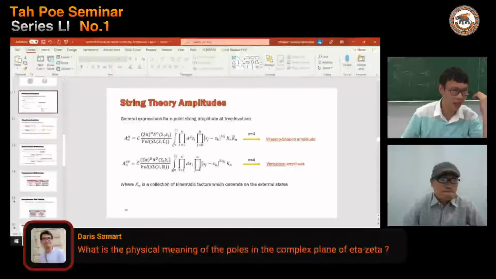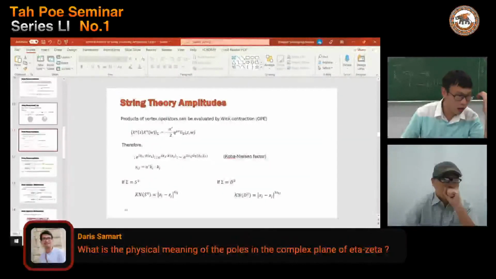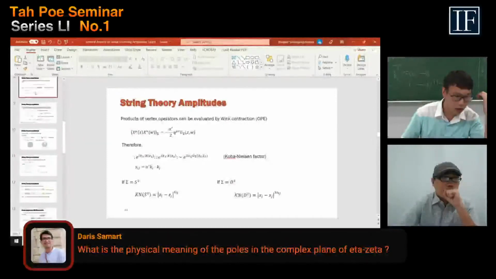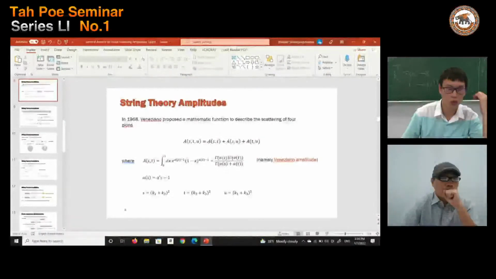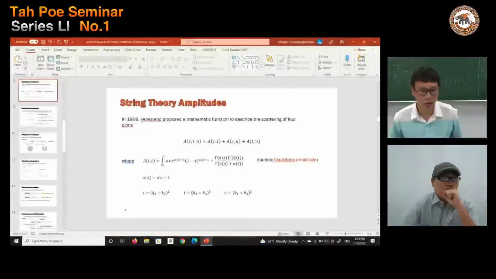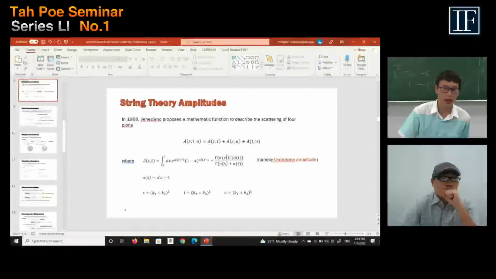For example, even at four points here, it consists of many poles because the gamma function contains poles when the argument is zero or a negative integer, and that pole can be interpreted as the intermediate state of the particle exchange.